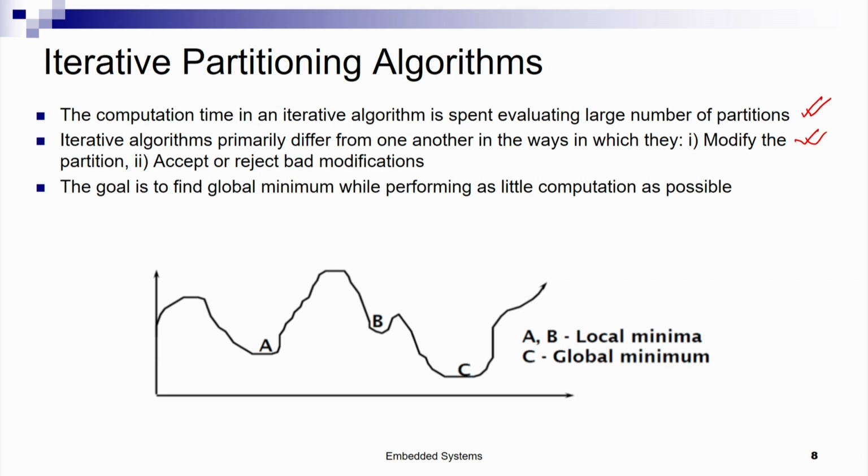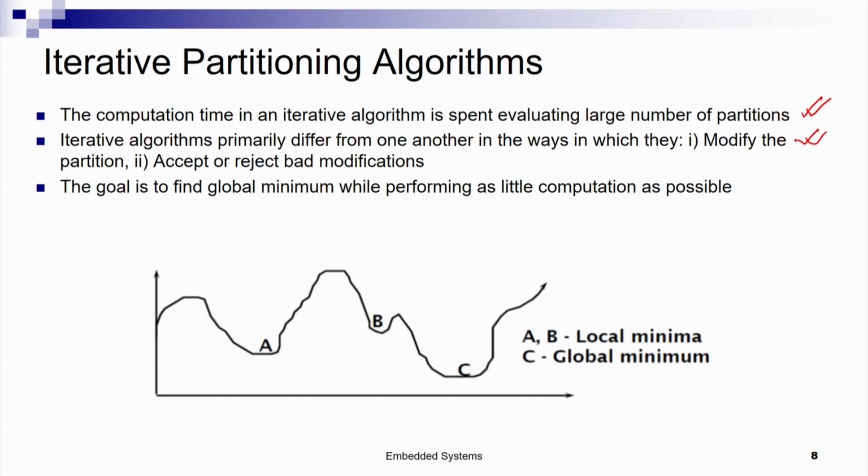Why is acceptance of bad modifications at all necessary? Because locally bad modifications at a certain time can later result in very good partitions. A certain transfer of modules from software to hardware may have a negative impact on the partition cost, but due to that transfer, subsequent transfers could result in huge improvements in cost.